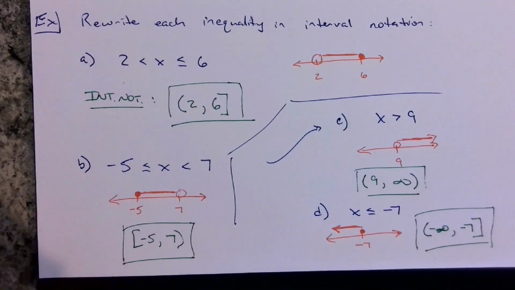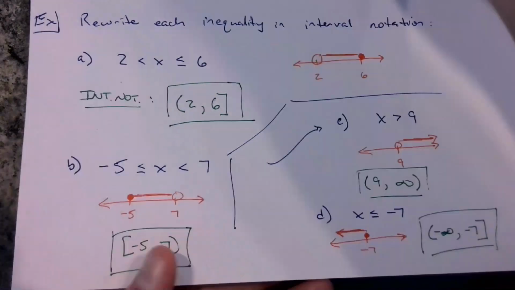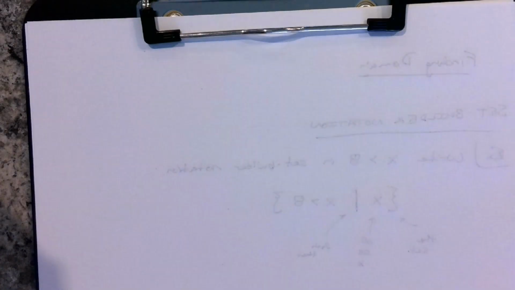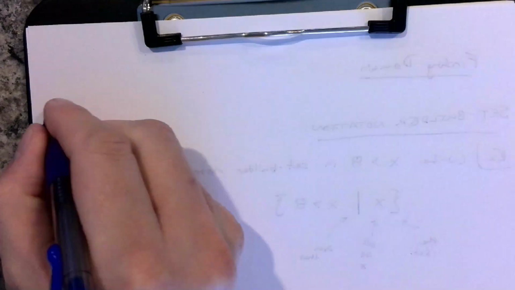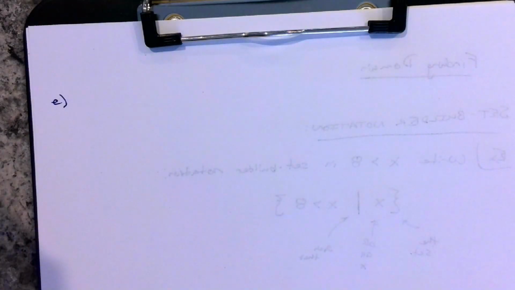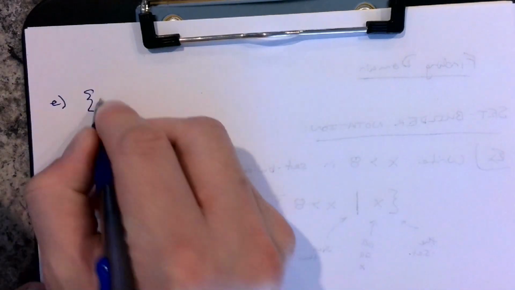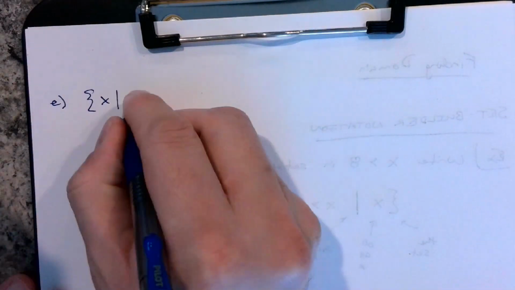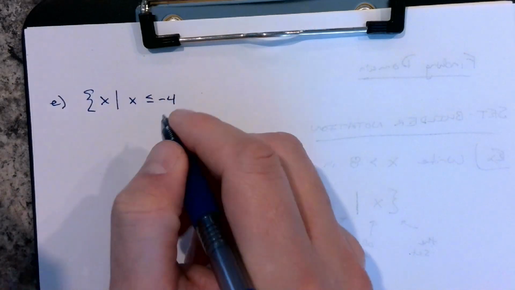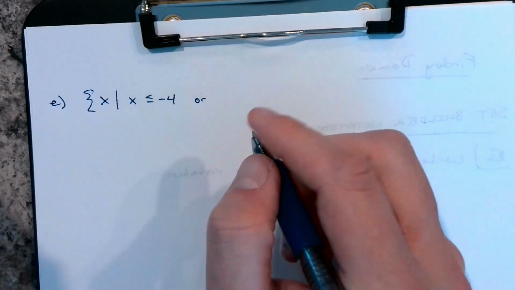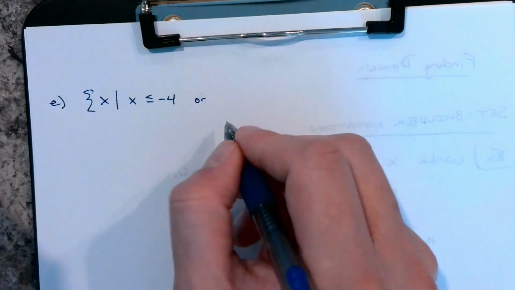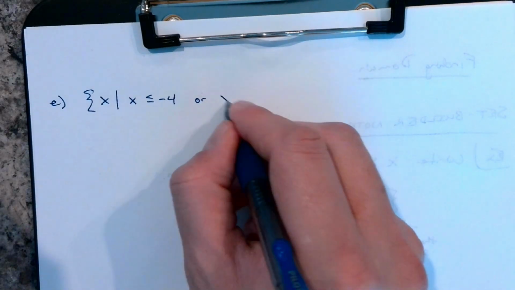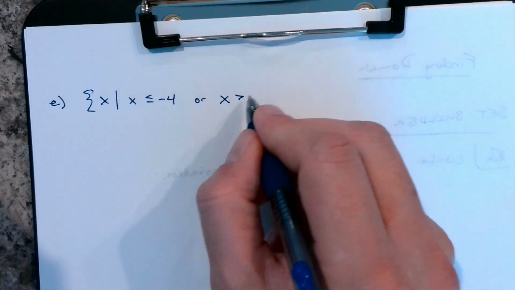Let's just take a look at a couple more. If I was to write, say I called that D, I'll call this one E. If I was to write the set of all x such that x is less than or equal to -4, or x is greater than 5.